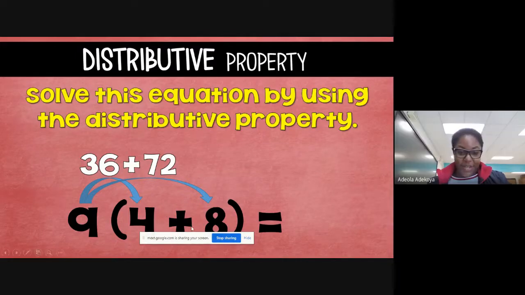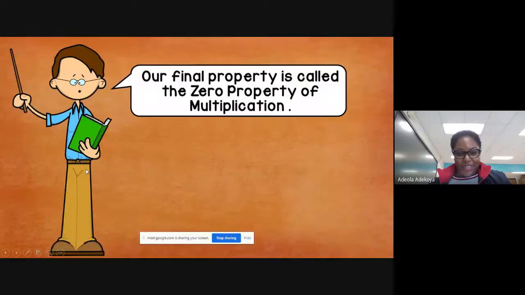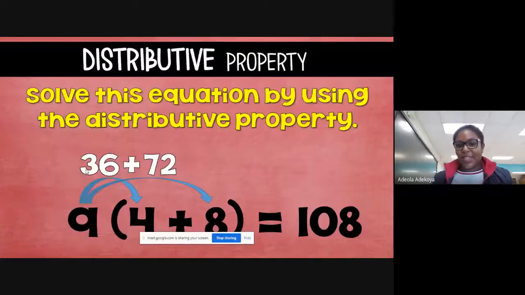That's right, because if you add the 6 to the 2, it'll give you 8, and then the 3 to the 7 will give me 10. Beautiful. Thank you very much, class volunteers. So that's it for the distributive property. You notice the number outside the parentheses is distributing itself to the numbers inside the parentheses.